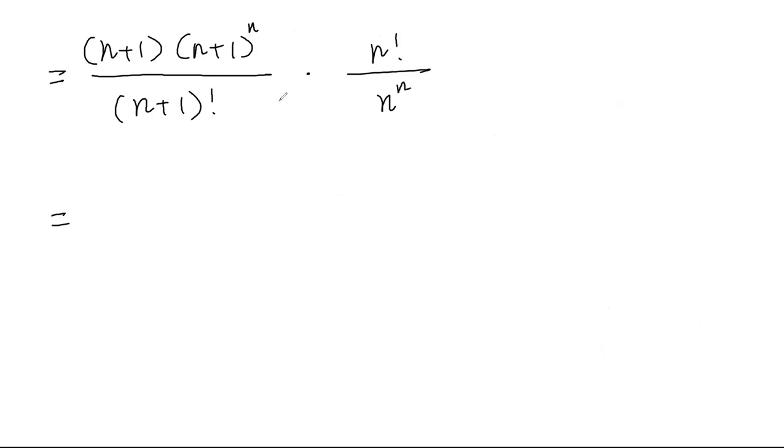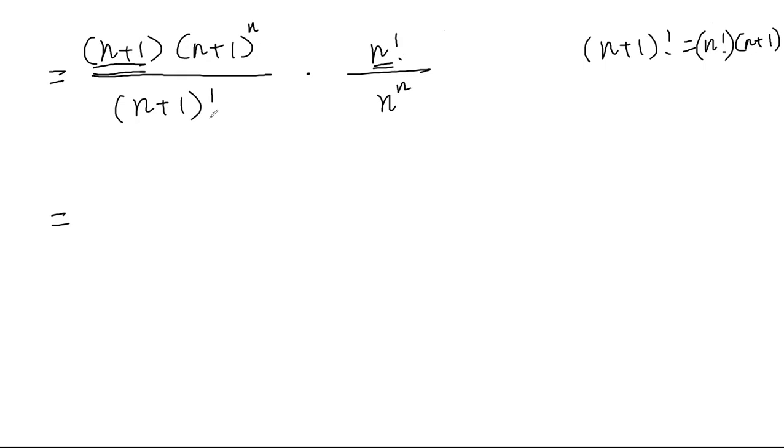Because (n plus 1) factorial is equal to n factorial times (n plus 1), the product of this term, n plus 1, and n factorial is equal to (n plus 1) factorial.